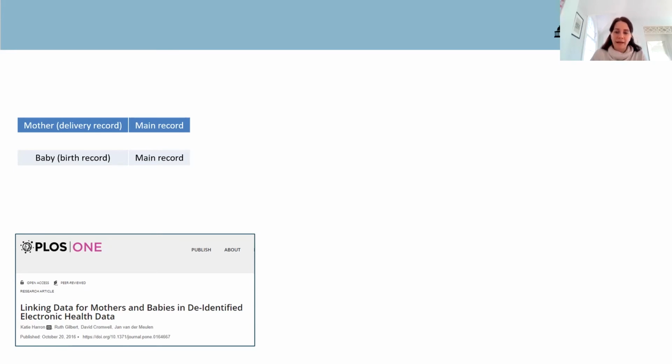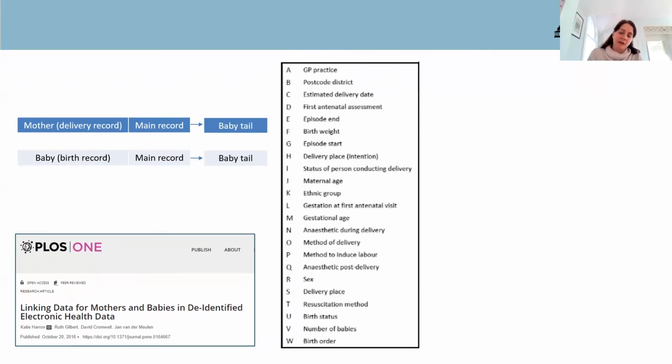But we know that in HES, along with the main hospital admission record, admissions relating to a delivery or a birth have an additional set of about 20 variables known as the baby tail, which contains fields like birth weight and maternal age and gestational age, which should theoretically be the same for the mother's and the baby's record.